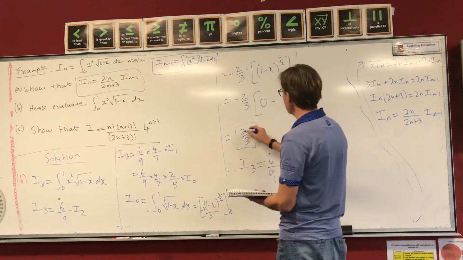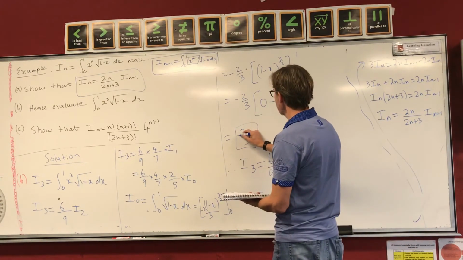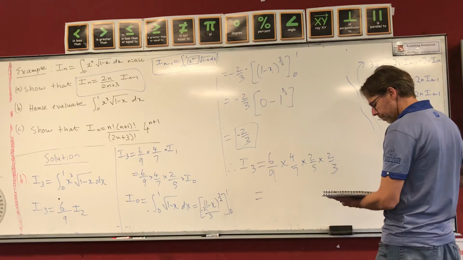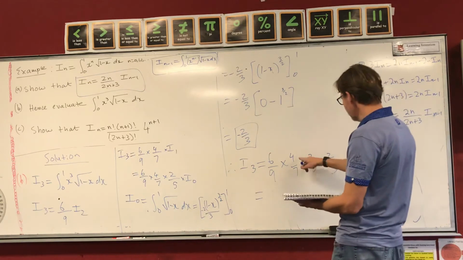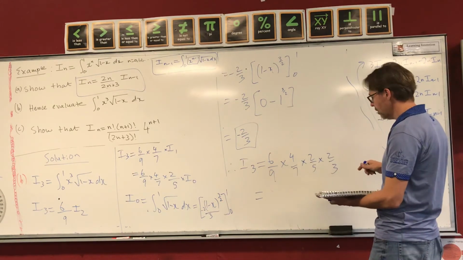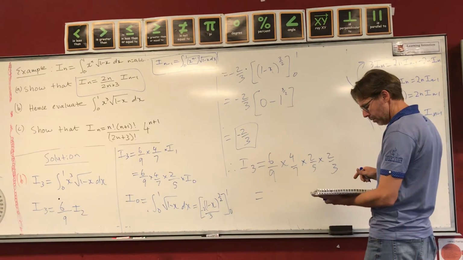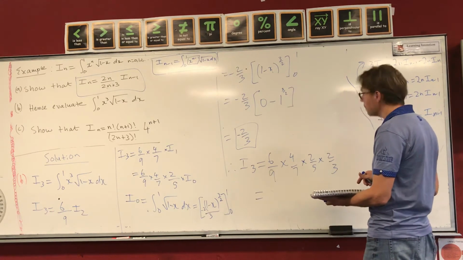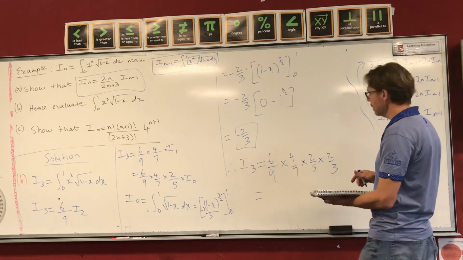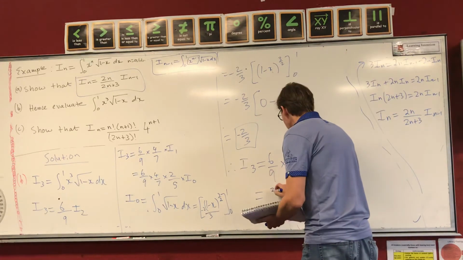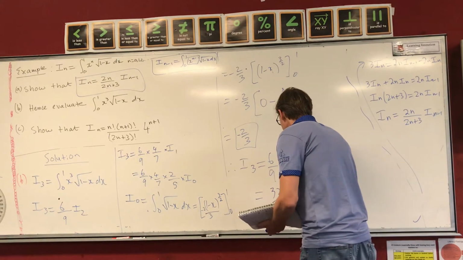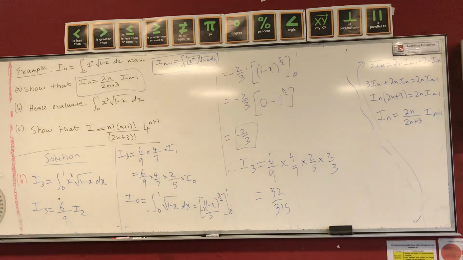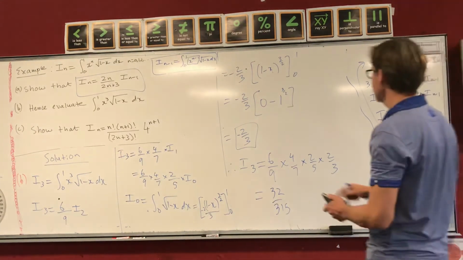Oh, that should be negative 2/3, my bad. Working it out with 24, 48, 32 on 315. On 315. Let's double check that. Okay, that's not negative, that's positive.